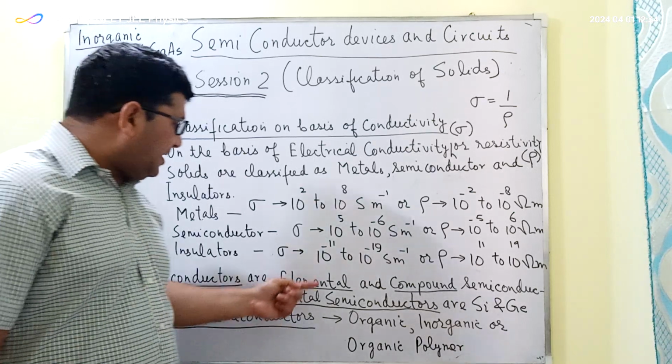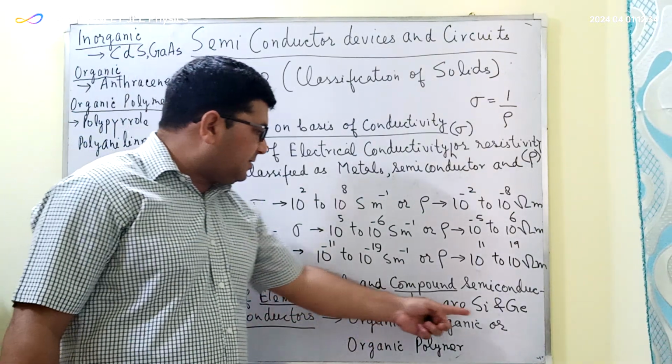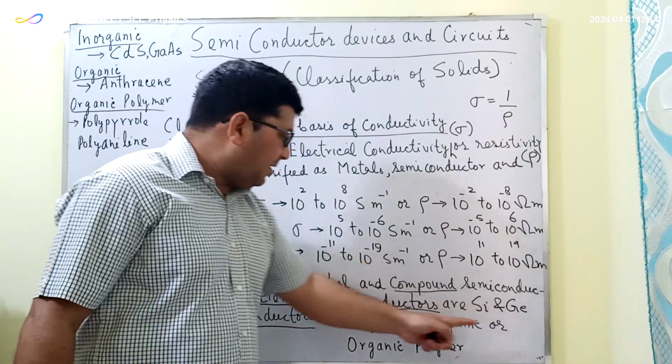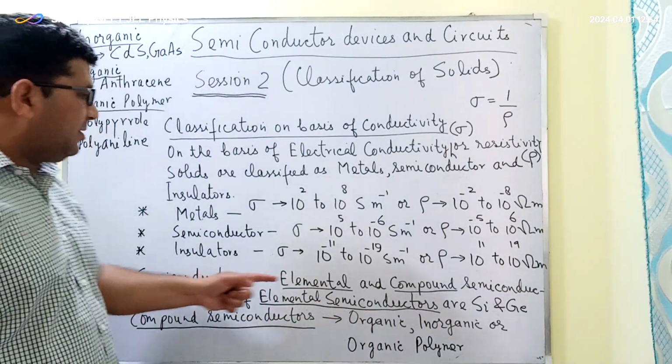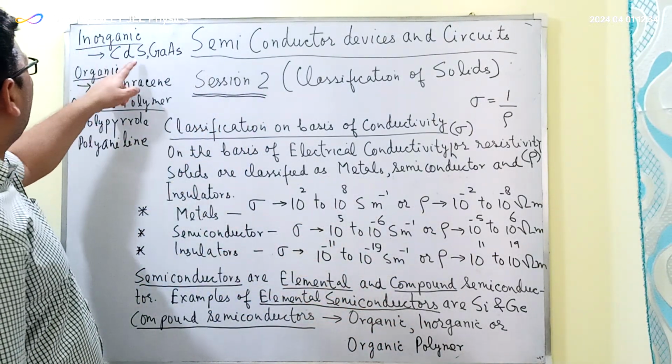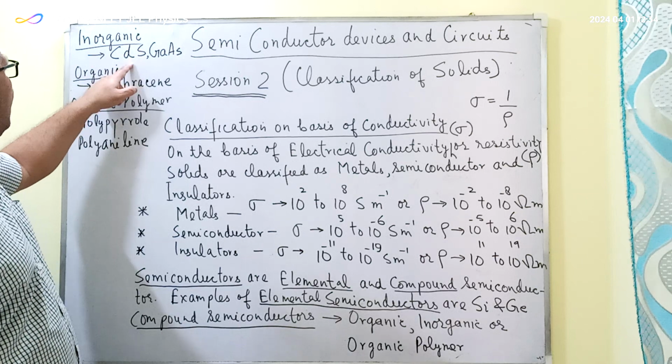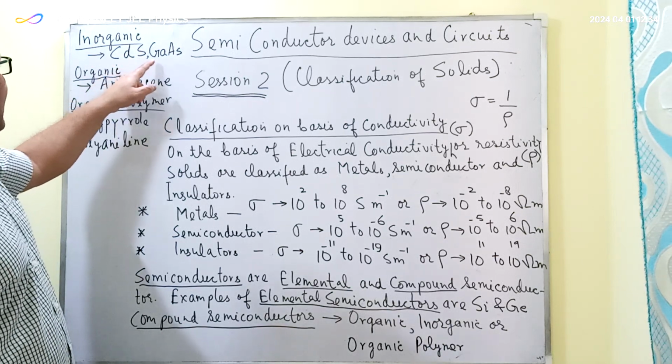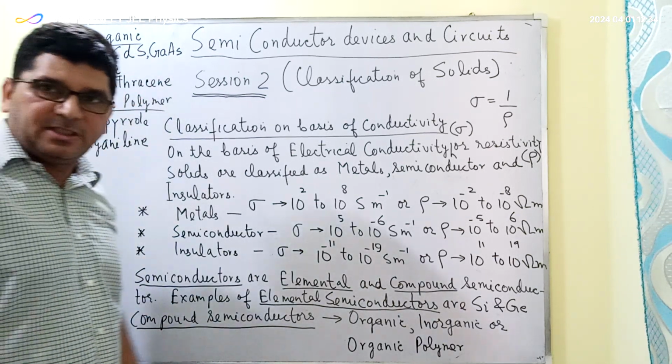The most commonly used elemental semiconductors are silicon and germanium, and the most commonly used compound inorganic semiconductors are cadmium sulfide and gallium arsenide.